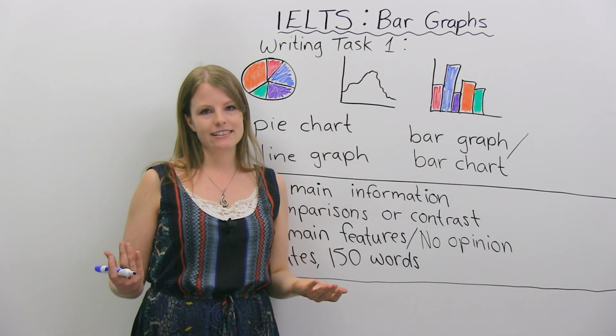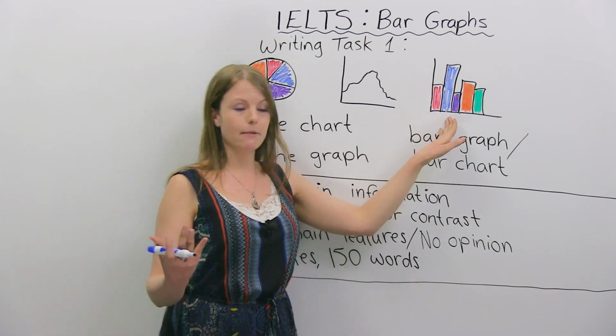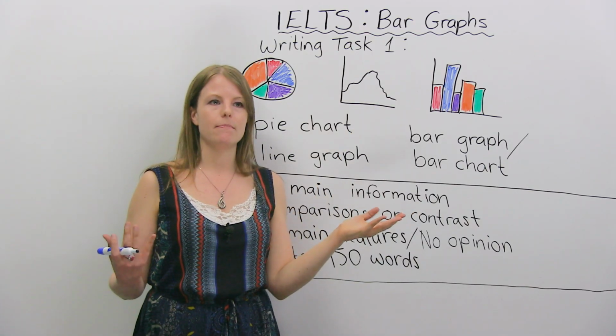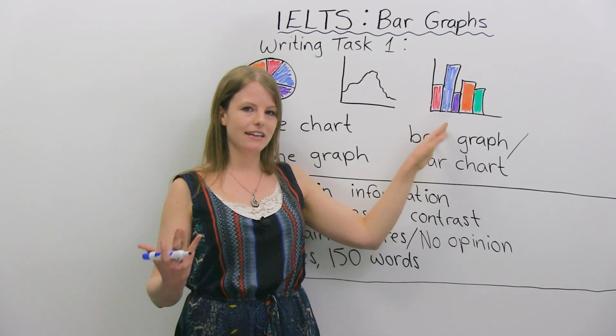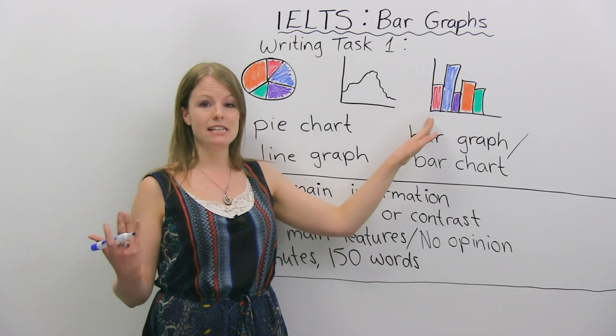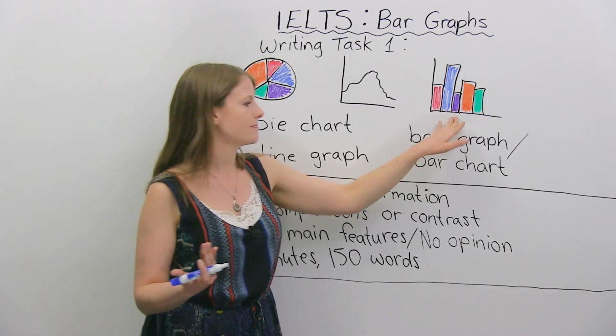So on the IELTS, you may get a picture of something like this. You might actually get a picture of two things together, or you might get a picture of something a lot more complicated than this. In this case, we're going to talk about what would you do and say, and what are some tips if you get a picture of a bar graph or a bar chart.